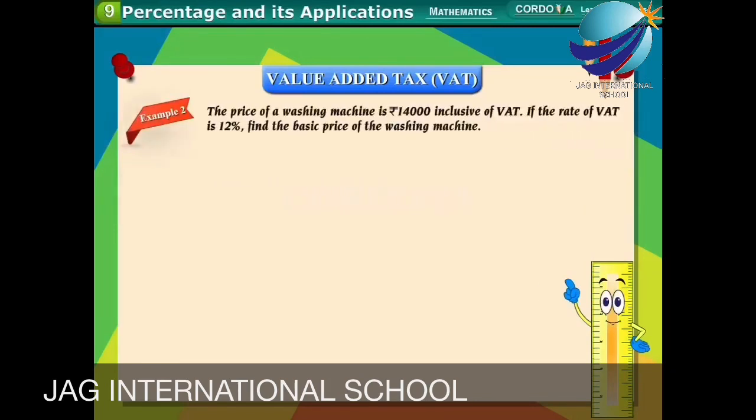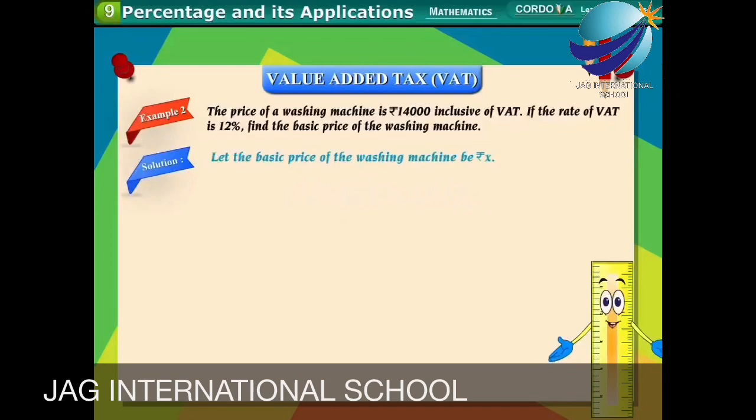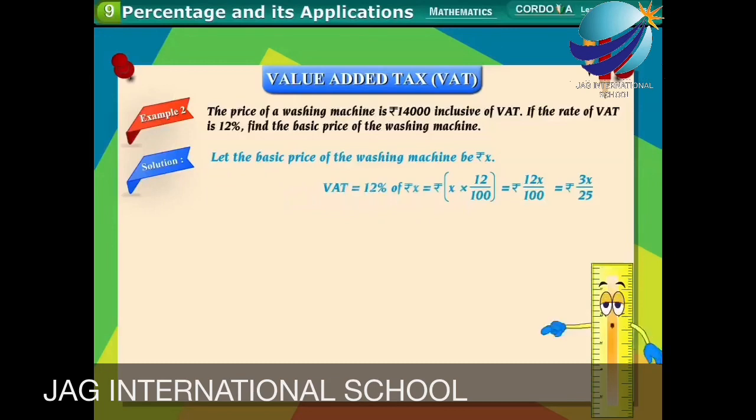Example 2. The price of a washing machine is Rs 14,000 inclusive of VAT. If the rate of VAT is 12%, find the basic price of the washing machine. Solution. Let the basic price of the washing machine be Rs X. VAT is equal to 12% of Rs X, which is equal to Rs X into 12 upon 100, which is equal to Rs 12x upon 100, which is equal to Rs 3x upon 25.